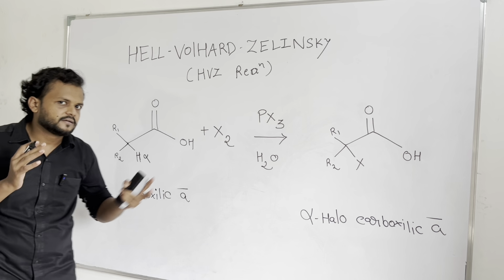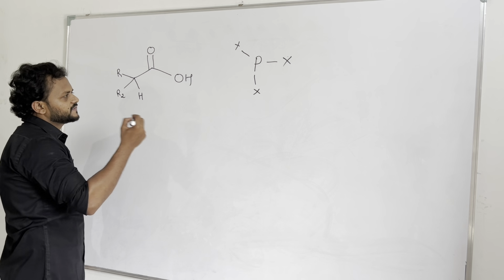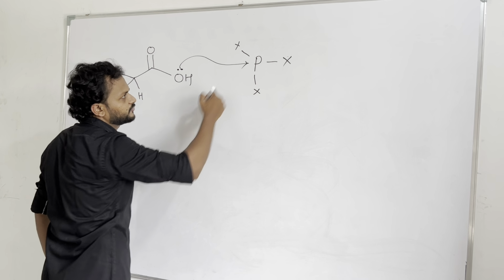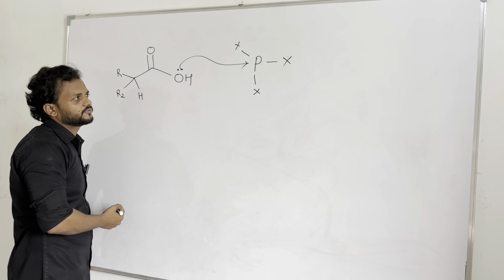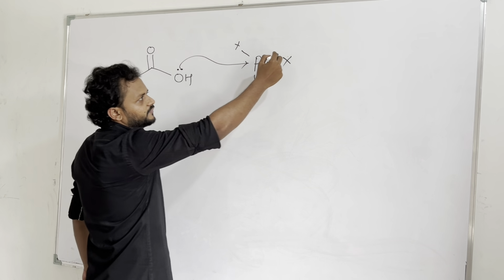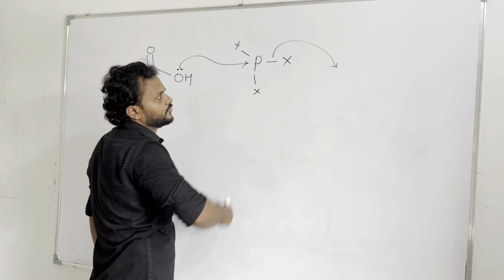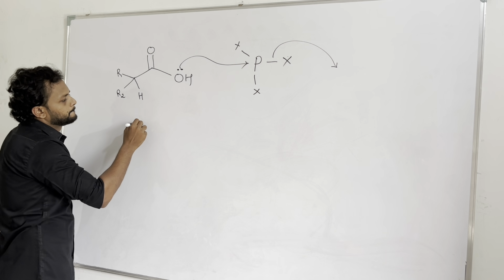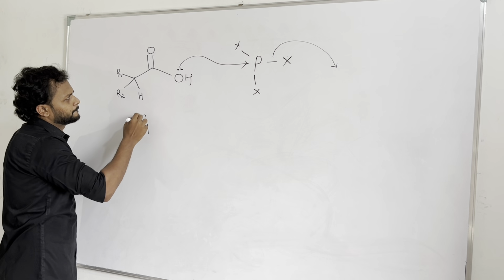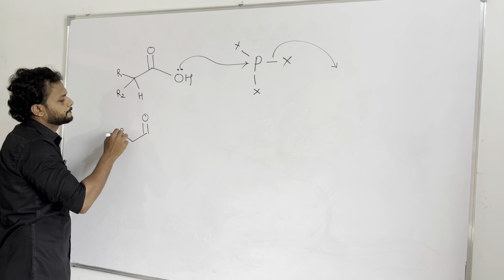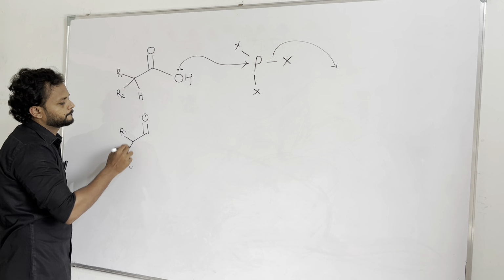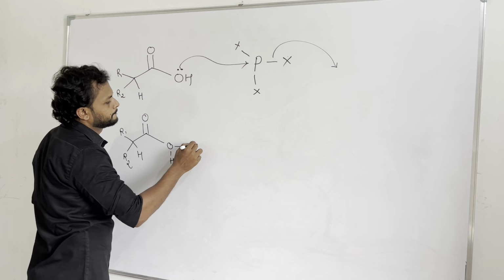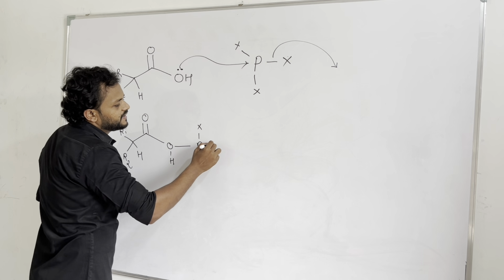Now let's see the mechanism. In the first step of the mechanism, this oxygen is going to attack the phosphorus and form a new bond with phosphorus. At the same time, one of the halogens is going to leave for stability of phosphorus and will form PX2.